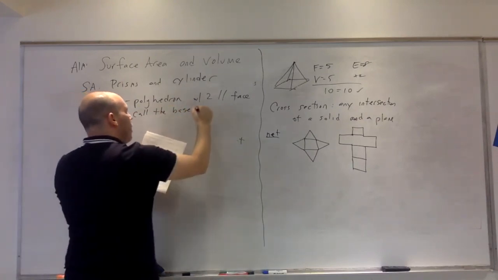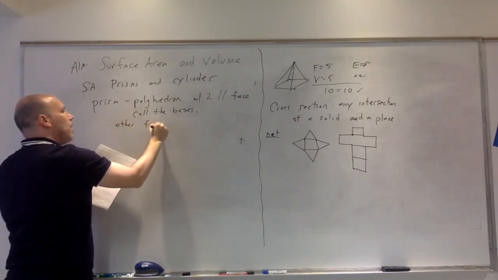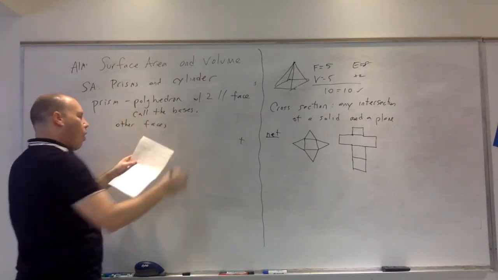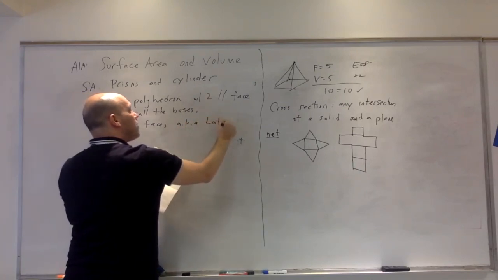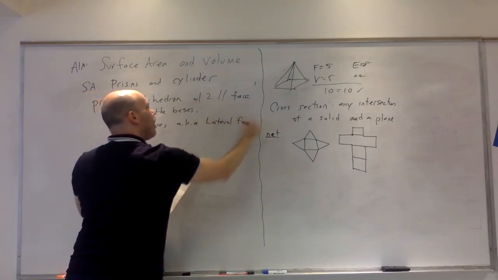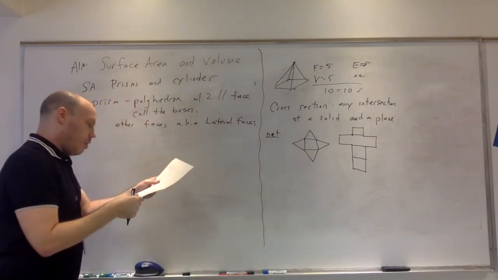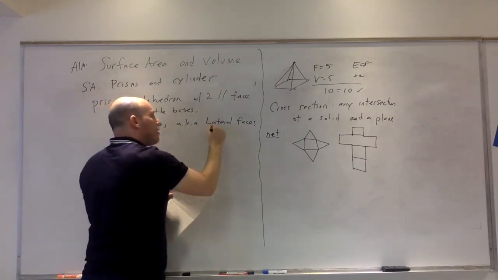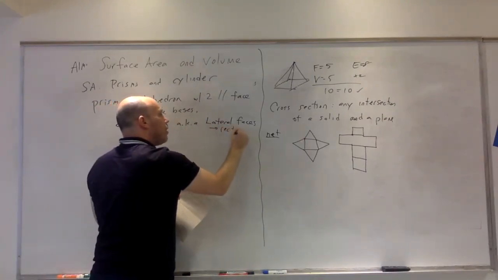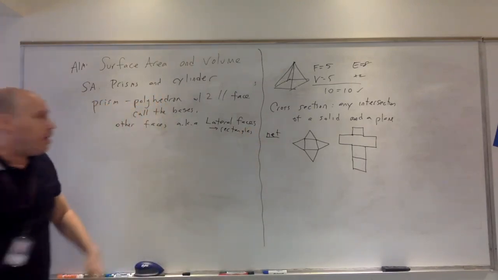And then the other faces are also known as lateral faces. Lateral faces. And in a prism, the lateral faces are rectangles. And that makes sense. So once again, let's talk about this.